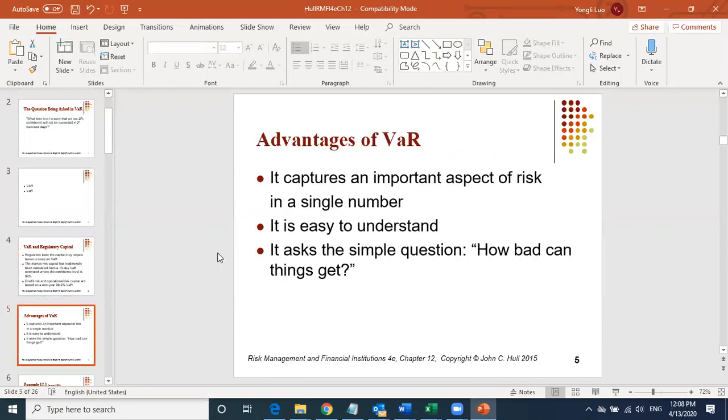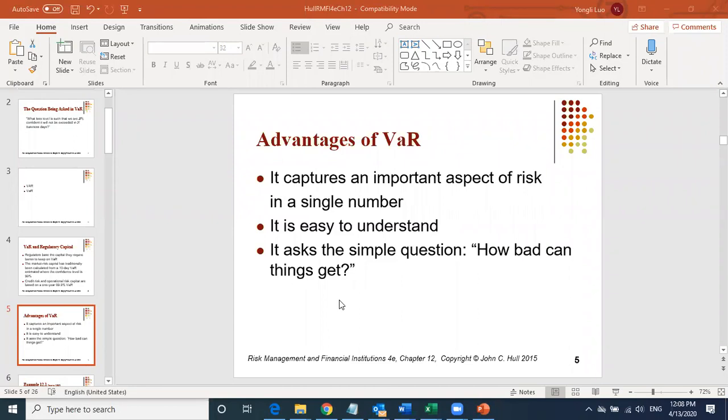The advantages of VaR are, okay, it captures an important aspect of risk in a single number. It's easy to understand, and it asks the simple question, how bad can things get?